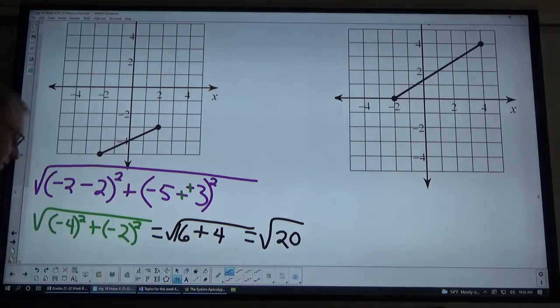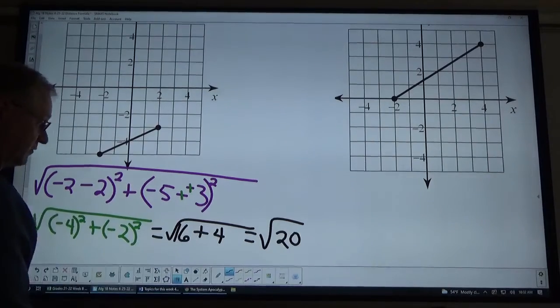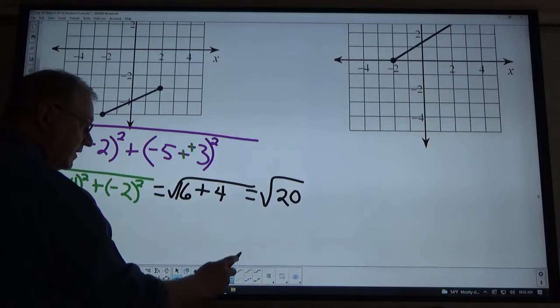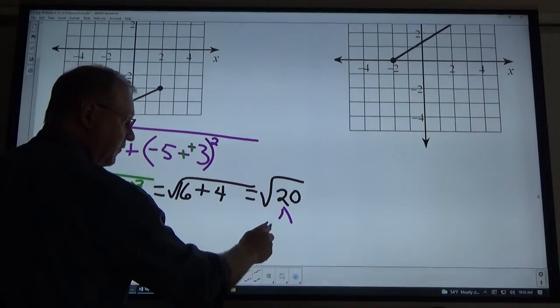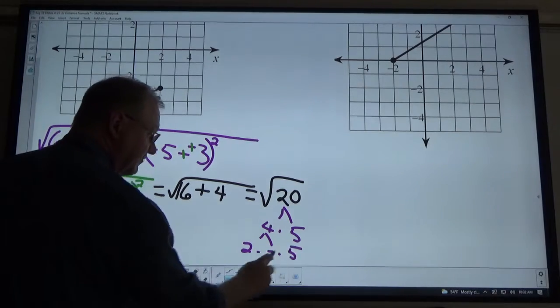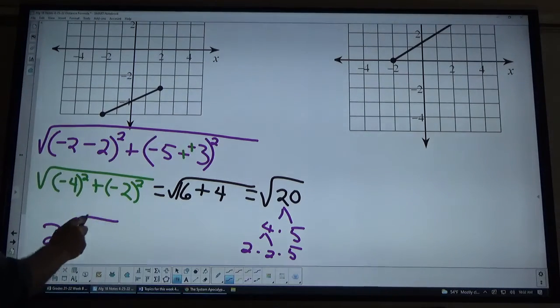Did I do all that right? Negative 2, positive 2. Yes. Negative 5, negative 3, negative 2 squared. Yes, I did it all correctly. All right. And 20 is 4 times 5, 2 times 2 times 5. So that's 2 square root 5.